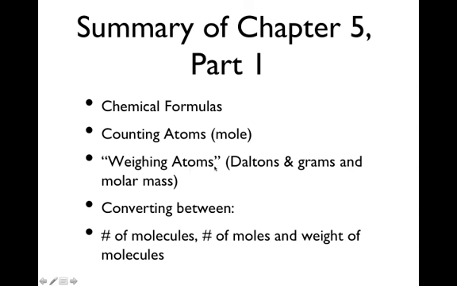And there are different ways of describing the mass of atoms. You can talk about individual atoms or small numbers of them, in which case you would use Daltons. If you're talking about moles of atoms or molecules, then you're usually describing the mass of those groups of atoms in grams. And we also talked about molar mass, which is how much 1 mole of something weighs.